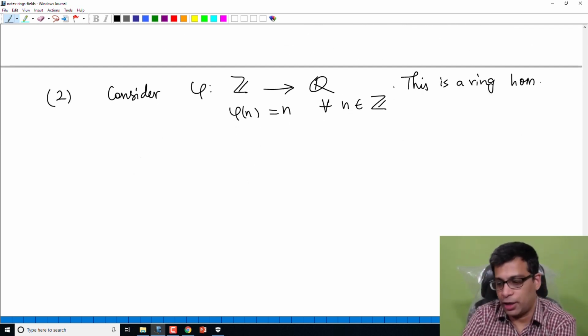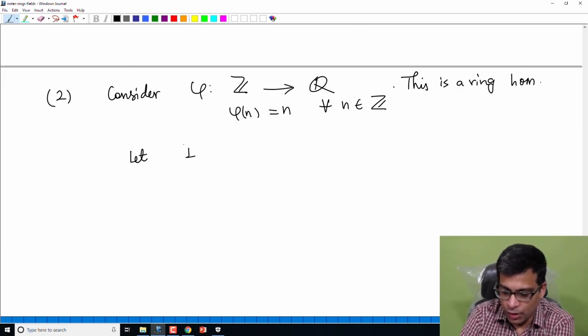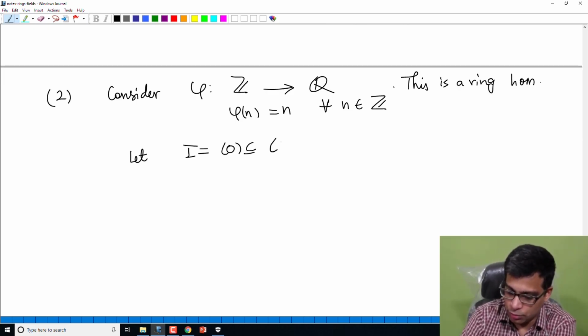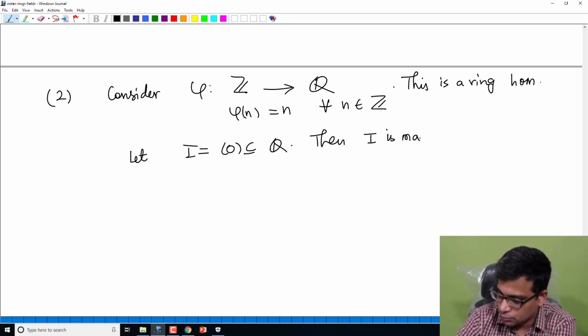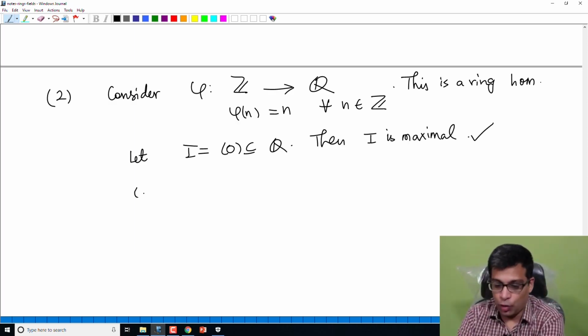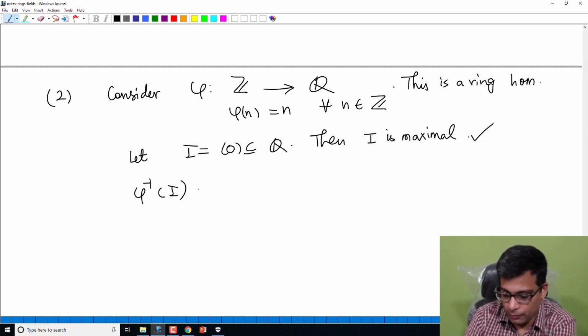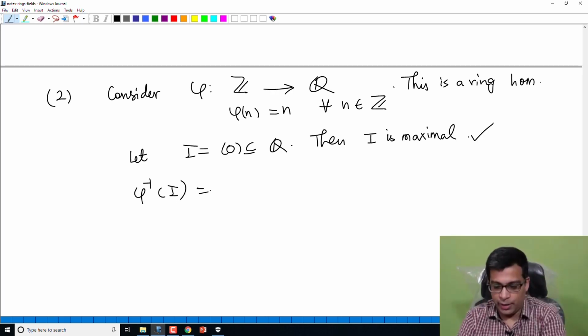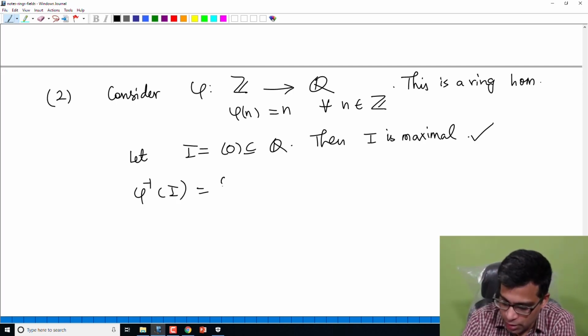Now what is the maximal ideal of Q? Let I be the zero ideal in Q. Then I is of course a maximal ideal. And what is phi inverse I? Because phi is an injective map, phi inverse 0 is just 0 again.